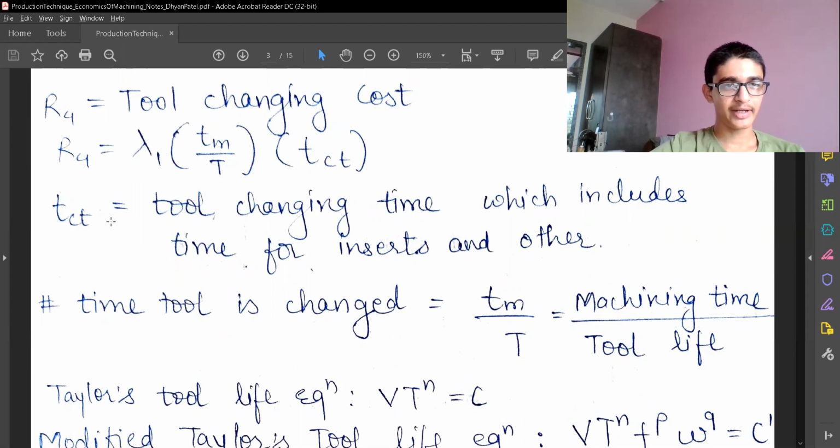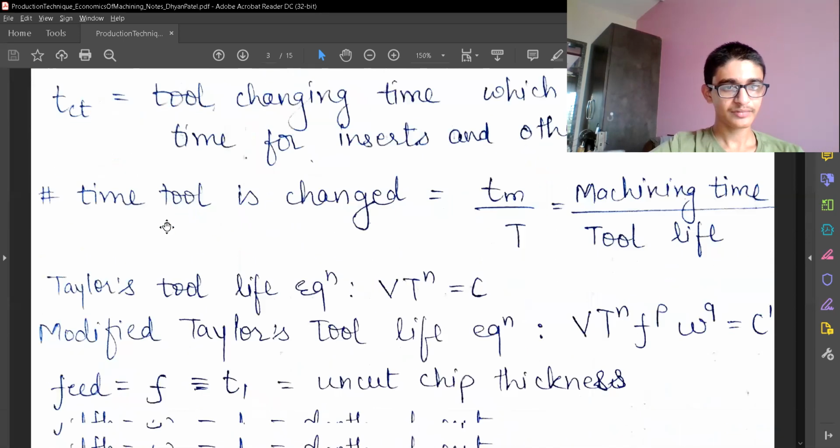That's the same thing. And TCT is the total tool changing time, which includes time for inserts and others. So I'm going to include inserts and everything in this. So tool changing cost takes that into account. So this is the cost of the laborer into the number of times I need to change the tool into the time. So time into cost per minute will give me the total cost.